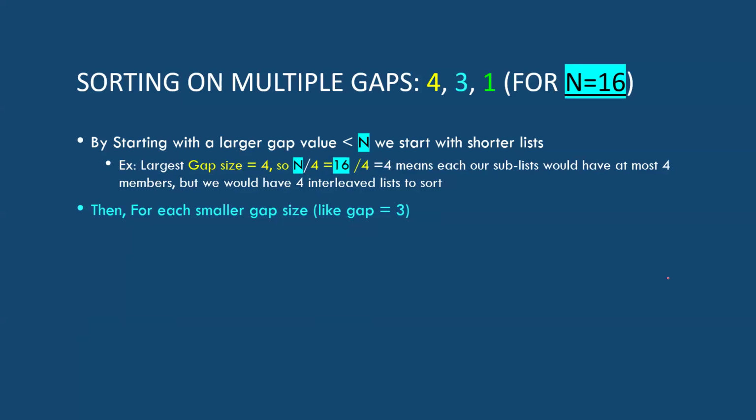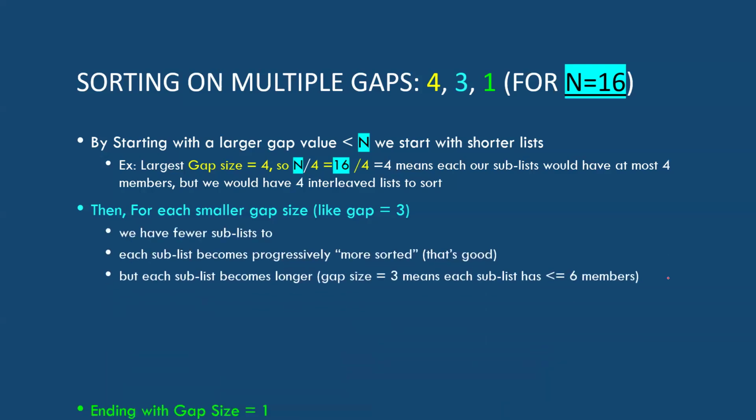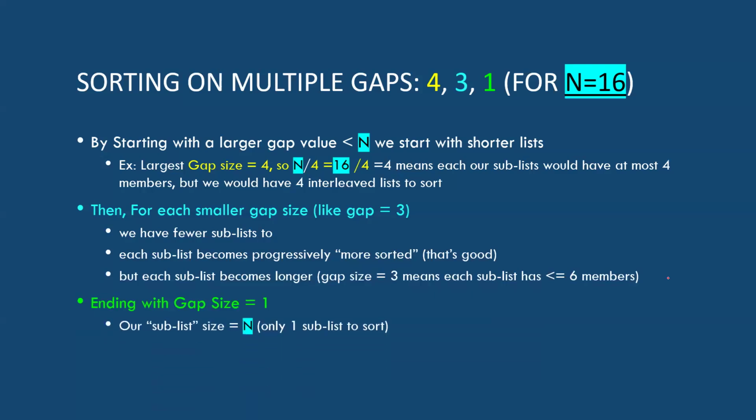So sitting down, looking at n, picking your gap sizes, and then sorting is the process we have to follow for any kind of shell sort application. Okay. So each of these sublists gets better and better. And finally, we're just doing a normal insertion sort. At gap 1, we're doing an insertion sort, but it's already almost completely sorted.